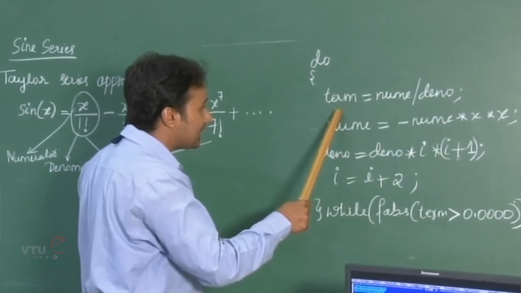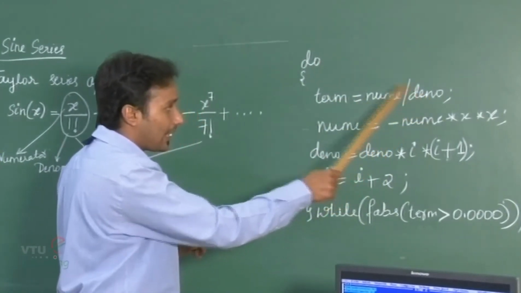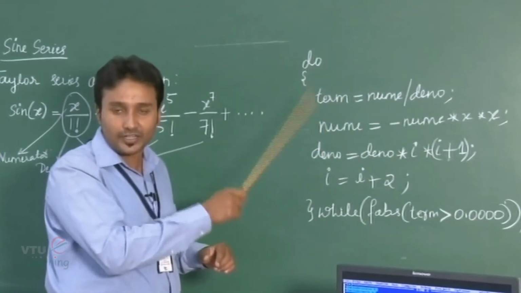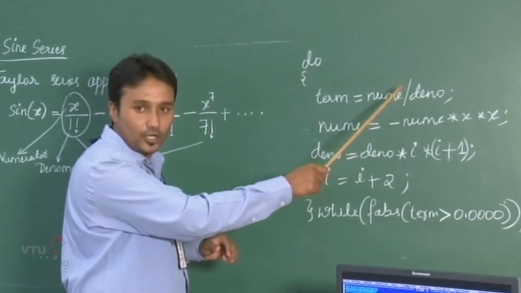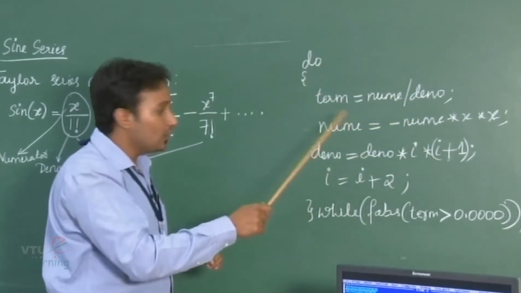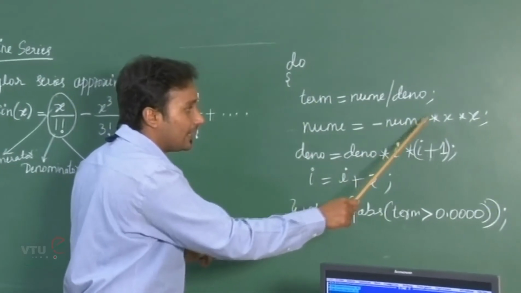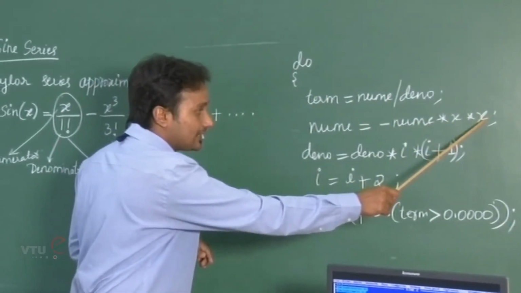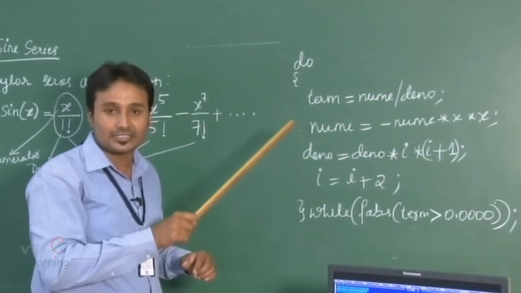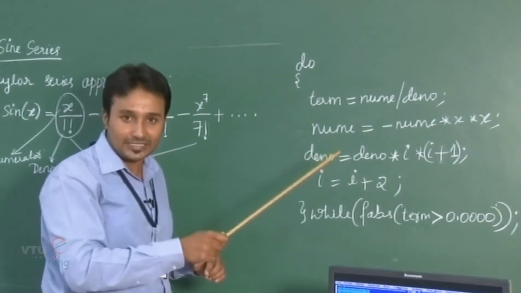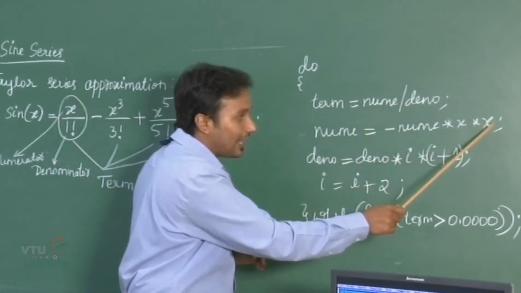The first line is term equals num by denominator. As I told you, every term is a combination of numerator by denominator. Next, numerator equals minus numerator into x into x. This minus is due to the alternating sign of plus and minus in every term, with an x and x.